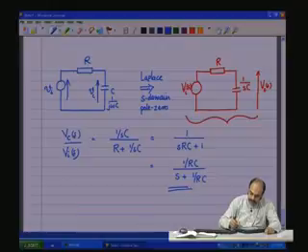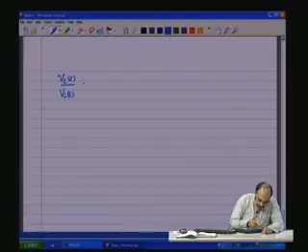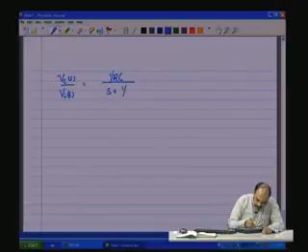What does this mean or what does this imply? So, we have V C of S divided by V I of S, which is equal to 1 by R C divided by S plus 1 by R C.